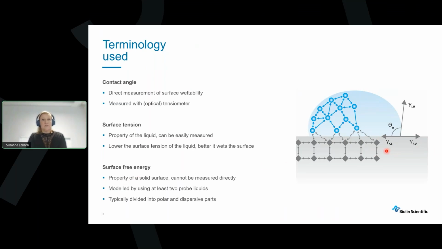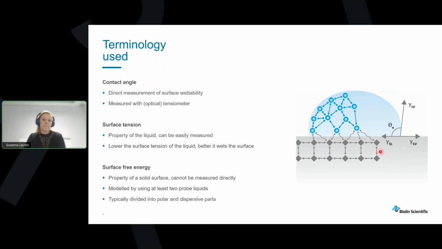Then we have surface free energy, which is the property of the solid, and this is equivalent to the surface tension of liquid. So one difference is that the surface free energy of the solid cannot be measured directly, whereas the surface tension, we have many different ways to measure it.